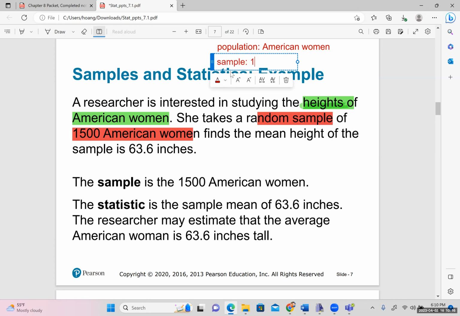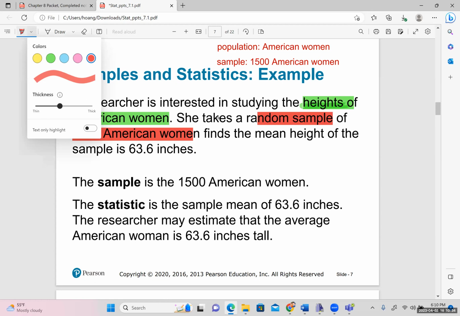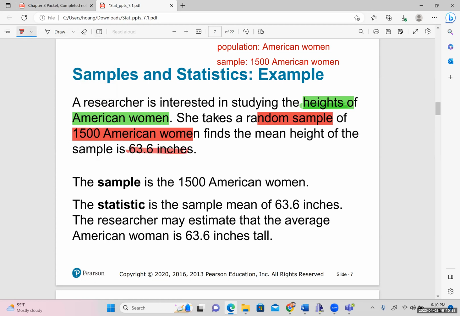Then you find the mean height of the sample, and this 63.6 inches is the sample mean.